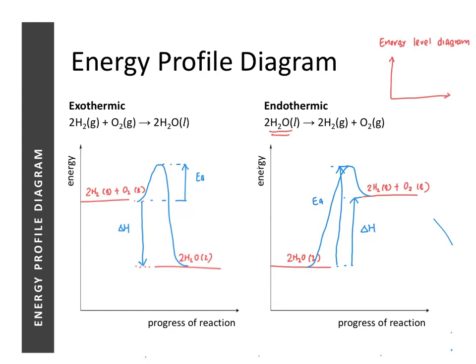In O levels, if ever they give you an x-axis, despite them saying that it's an energy level diagram in the question, they actually want you to draw an energy profile diagram. So again, if the question gives you an x-axis, even if the question states that they want an energy level diagram, essentially they are asking for an energy profile diagram, because energy level diagrams have no x-axis.